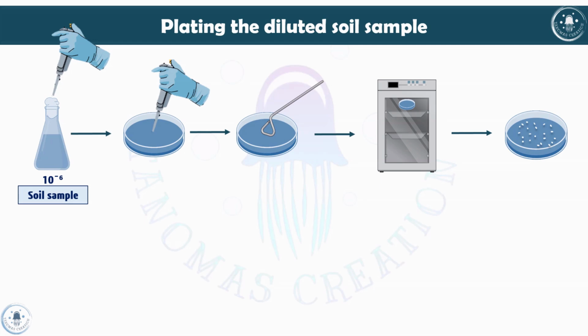Okay, so here you can see that the colonies are separated. Okay, separate colonies here you can see, and this is countable. Okay, so why are we taking the last dilution basically?